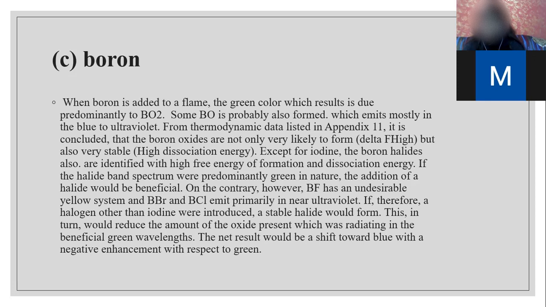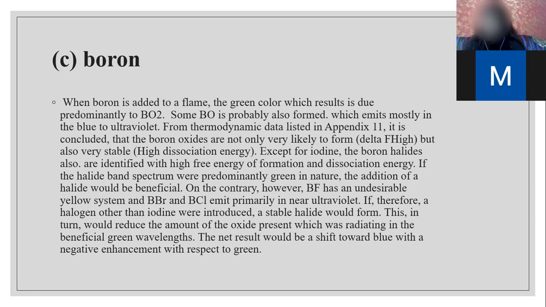From thermodynamic data listed, it is concluded that the boron oxides are not only very likely to form, with a high delta F, but also very stable, with high dissociation energy. Except for iodine, the boron halides are also identified with high free energy of formation and dissociation energy.